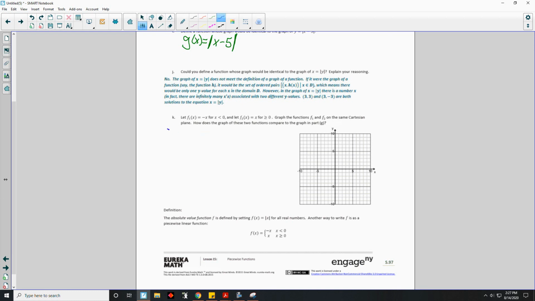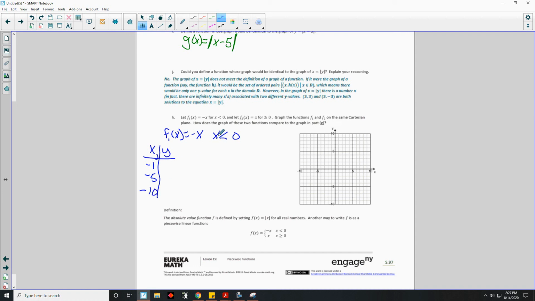So if I say f sub 1 of x equals negative x when x is less than 0, and I do a table, x comma y. All right, f of x is my y, equals negative x for any values that are less than 0. So I'm only picking x's that are less than 0. So how about negative 1, negative 5, negative 10?